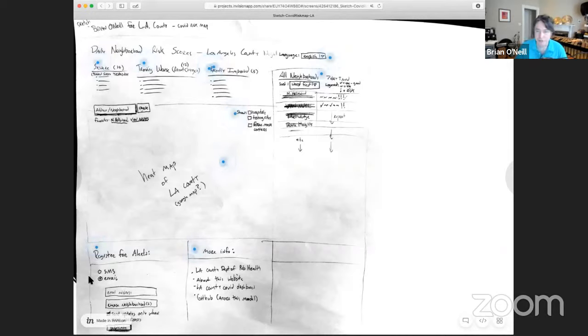So I don't think this is something where every day we need to be sending out information, but it may be one way to get that information out to people so they don't have to come back to this map every time.